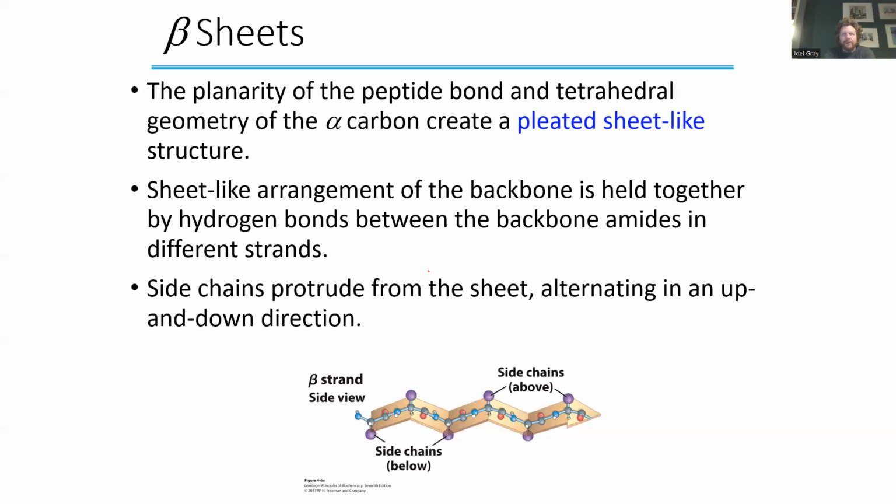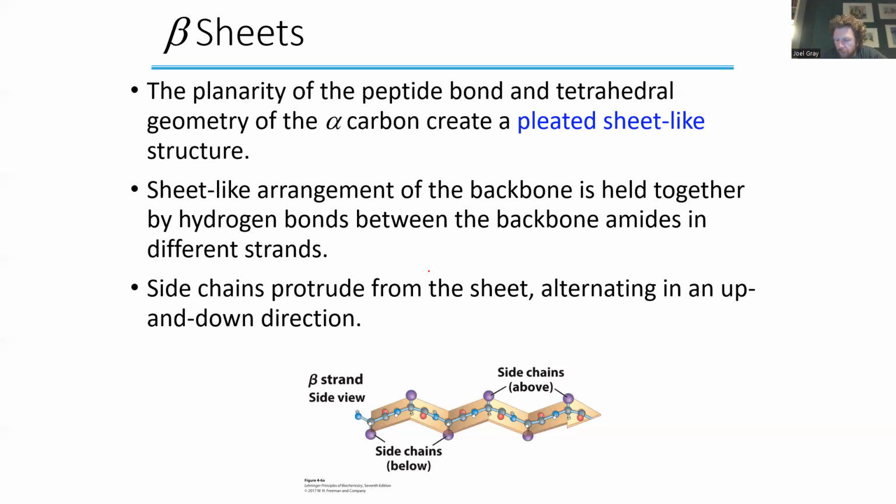This is different from our alpha helix, where basically all the R groups are protruding outward. In a beta sheet, the side chains are above or below, in which case they are ripe for interaction with things nearby, which could destabilize that overall structure.